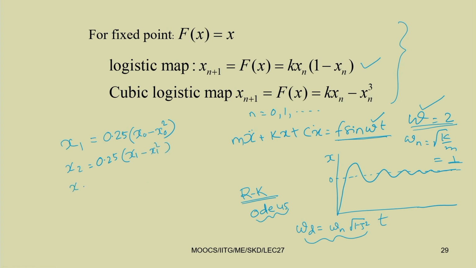Similarly, x 3 will be equal to 0.25 into x 2 minus x 2 square. This way you can expand, and if you plot this, starting with x 0, on this axis you plot 0, 1, 2, 3, 4 like that, and on the y axis you plot x n plus 1.